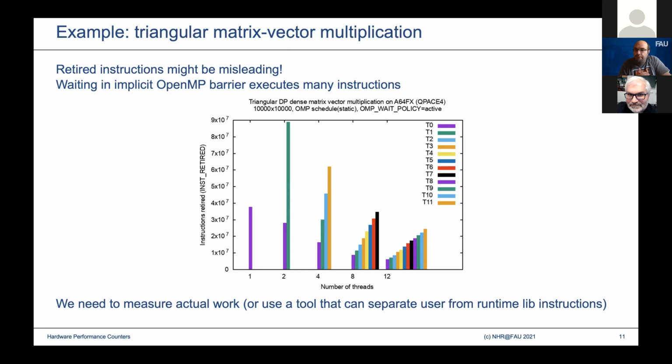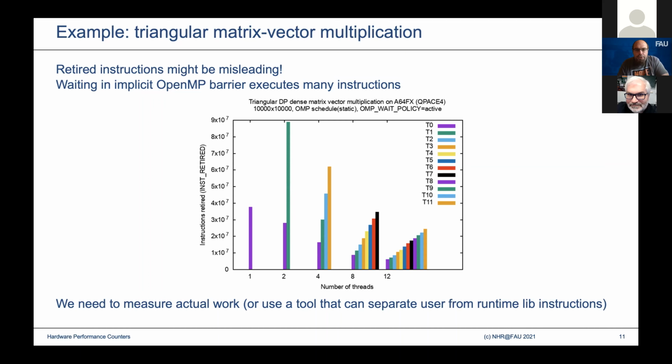As Georg has introduced already, and I also introduced, the implicit barrier at the end of the OpenMP loops. So since we have a triangular matrix vector multiplication, the threads are executing a different amount of work, and so we see that they also execute a different amount of instructions, caused by the implicit barriers at the end.